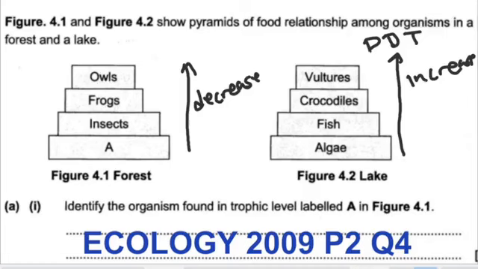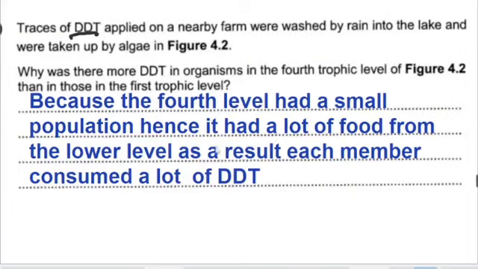So here we can say the reason why there was more DDT in organisms in the fourth trophic level in figure 4.2 than those in the first trophic level is that the fourth level had a small population, hence it had a lot of food from the lower level. As a result, each member consumed a lot of DDT. So that can be our answer.